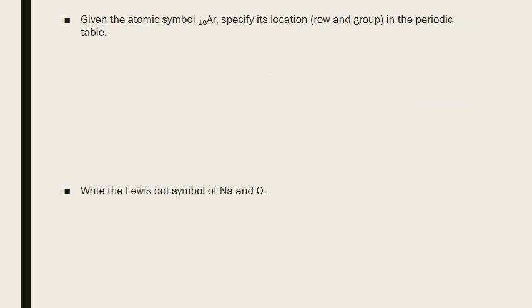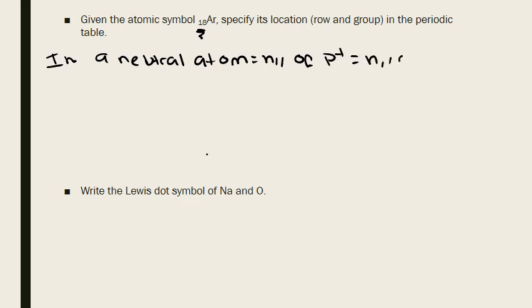The second question says, given the atomic symbol 18 argon, 18 Ar, specify its location, so the row and the group in the periodic table. So first, this is the number of protons. We need the number of electrons to write the electronic configuration, so we can know the row and group. In a neutral atom, number of protons equals number of electrons.